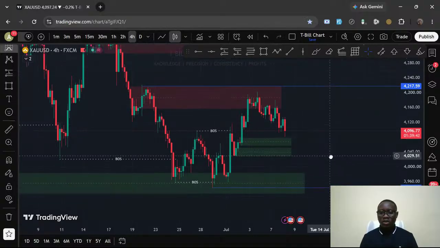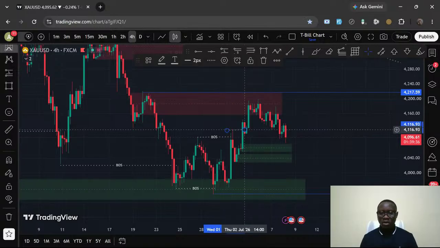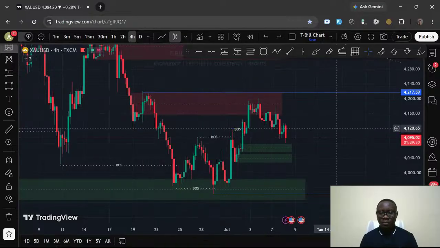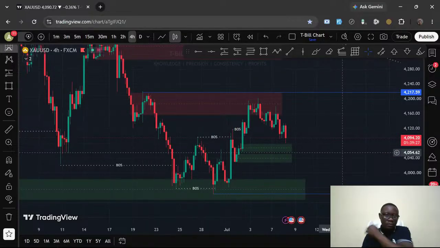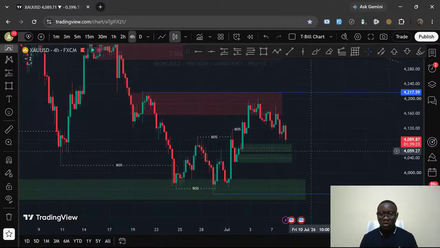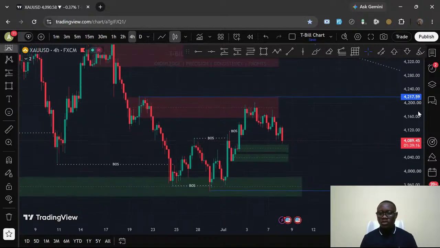Okay, so if at all we are going to be buying gold, it will be for this break of structure to the upside right here. If I were to consider a buy on gold, it will be at these zones right here.